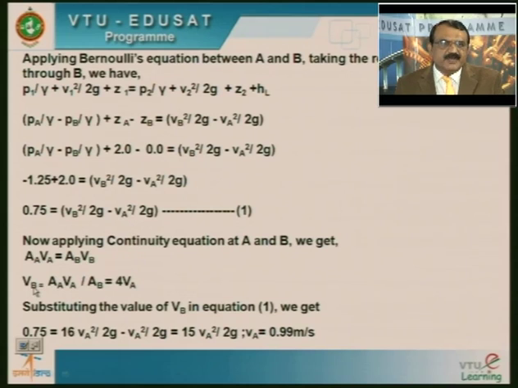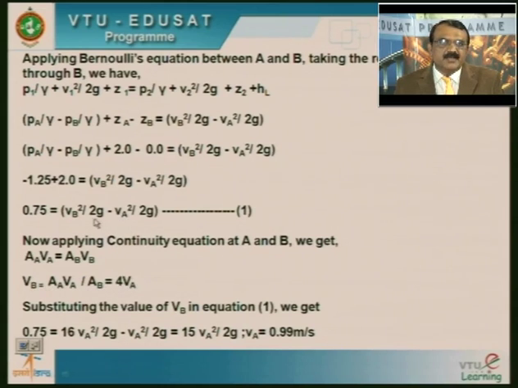I am looking for this VB. VB is equal to AA into VA divided by AB. If you simplify this with the values you have, you are going to get VB is equal to 4 VA.